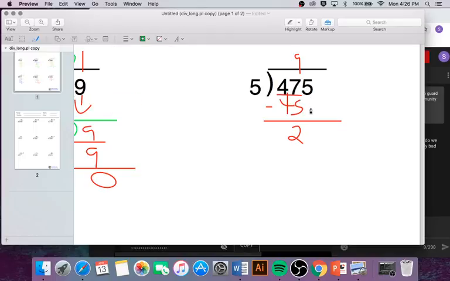Now we're going to bring down our next number. So now we have 25. So we need to see how many times 5 will go into 25 without going over, and that is 5. 5 times 5 is 25.